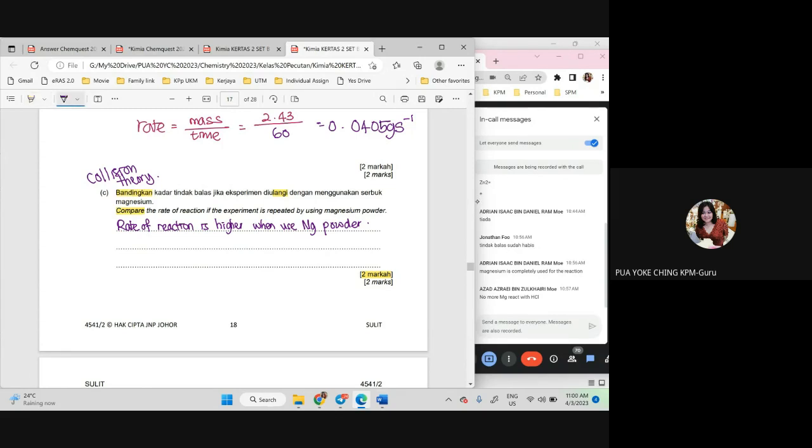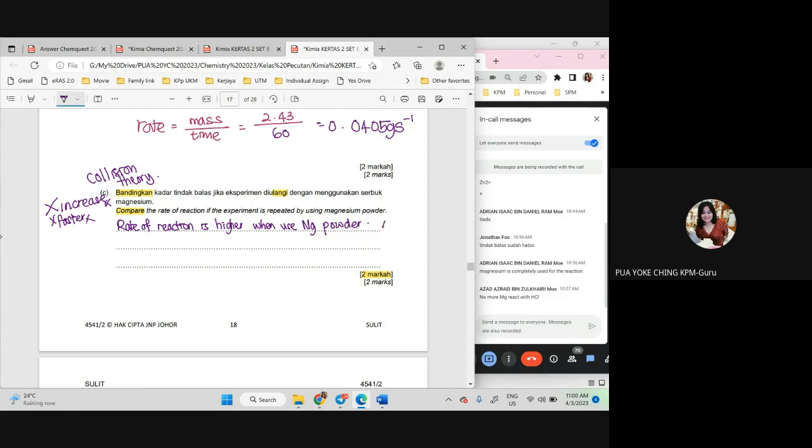So jangan tulis increase. Okay, of course lah, all those faster, slower, semua ni lagi tak boleh. Itu dari awal memang kita dah kata tak boleh. Okay, banding kadar tindak balas, it can be only higher or lower. So when you use Mg powder, rate of reaction is higher.